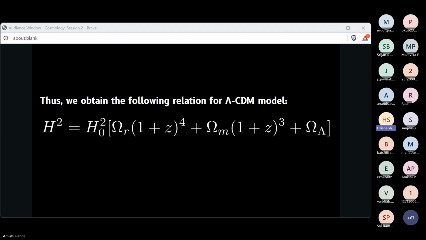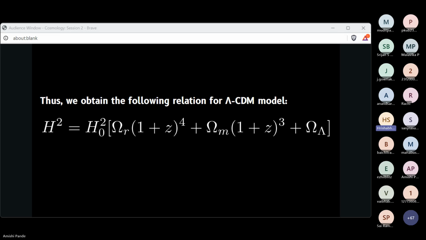Once we do that, this is what we get for the lambda CDM model. The H by H naught squared, it is the same relation. I have made two changes to the relation that we saw then. First thing is the a by a naught that you saw there has been changed to 1 plus z. Please note that a by a naught had the power minus 3 into 1 plus wi. Since the relation is inverse, the powers are positive, not negative here.